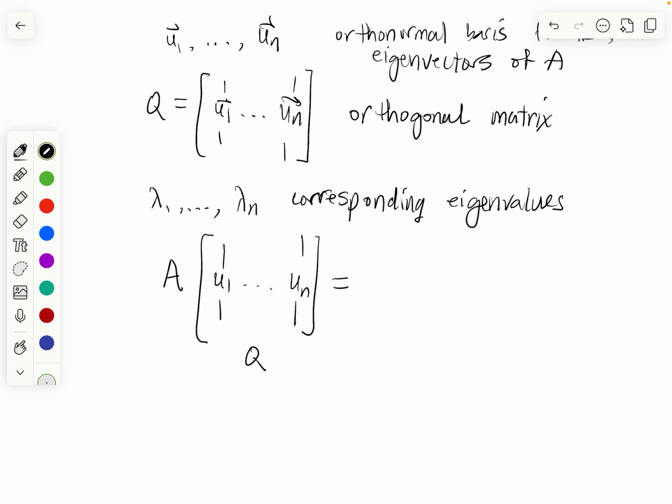Remember, when you multiply by another matrix on the right, you're multiplying the matrix by each of the columns individually. So this matrix has columns A times u1, A times u2, up to A times un.